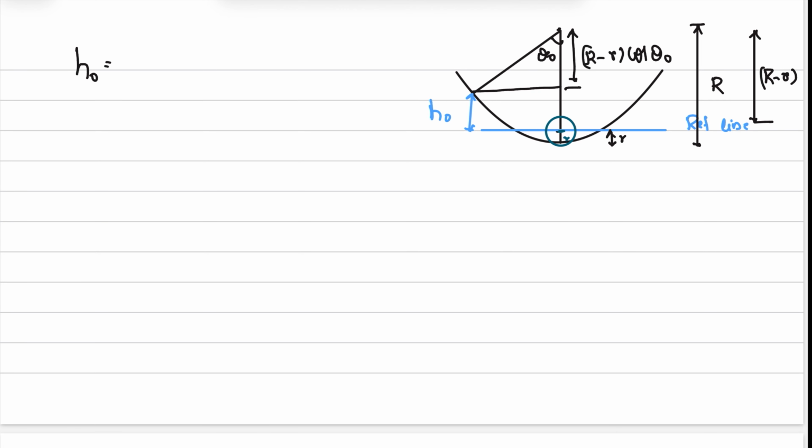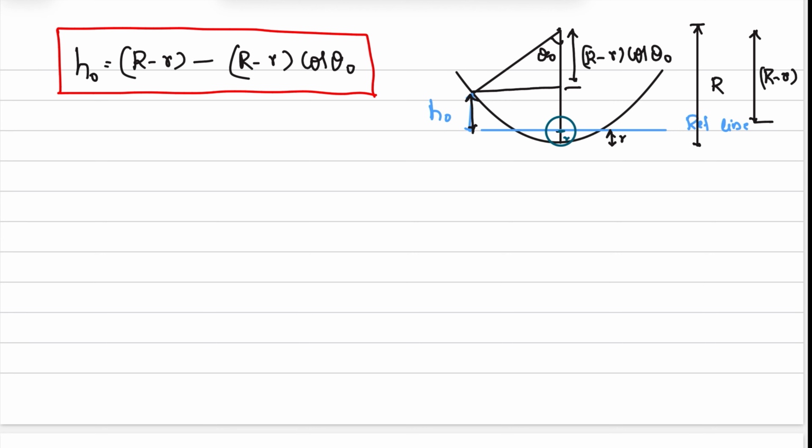Now, what will be h naught? h naught will be (R minus r) minus (R minus r) into cos theta naught. Please try to understand this. This is the most crucial step in solving this problem. That gives you h naught is equal to (R minus r) into (1 minus cos theta naught).